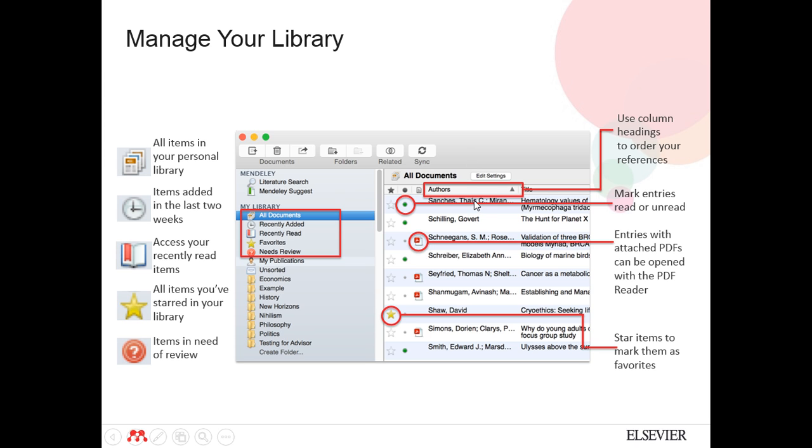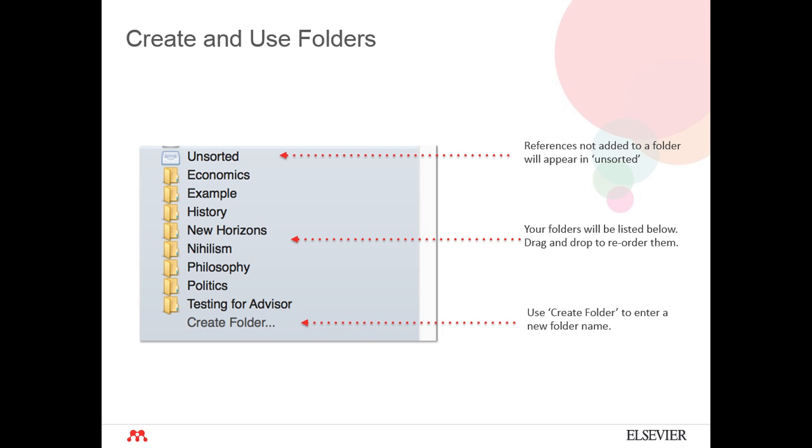And you can also sort all your publications as per these headings. So this is very simple, and once you have gone through these features, you will be able to retrieve all the details quickly.